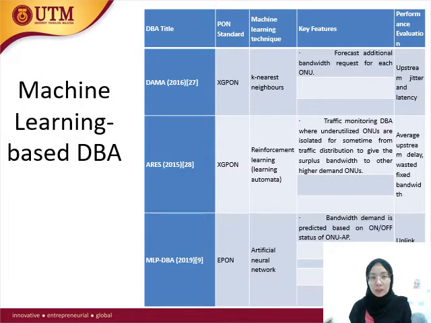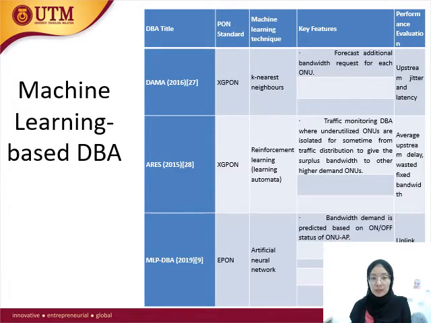One of the issues in XGPON is dynamic bandwidth allocation, which determines the performance of a network. Listed in the table are some of the significant machine learning based DBA. The first one is called DAMA. It uses the PON standard of XGPON. The machine learning technique is K nearest neighbors. Its key feature is that it forecasts additional bandwidth requests for each ONU.